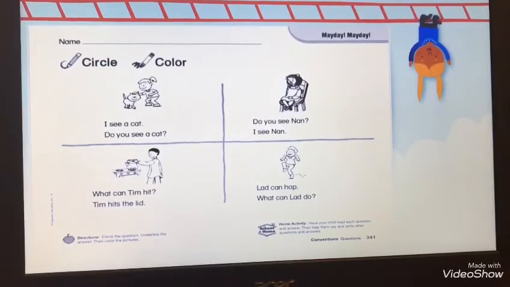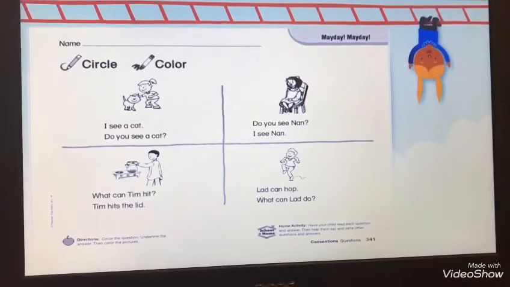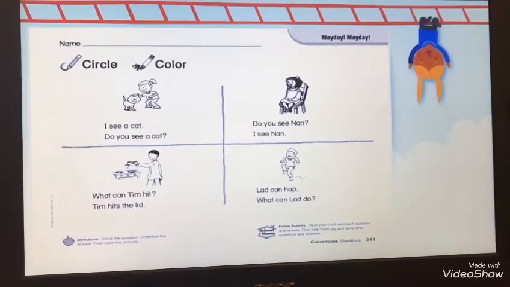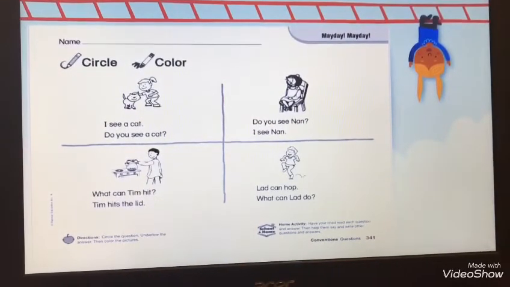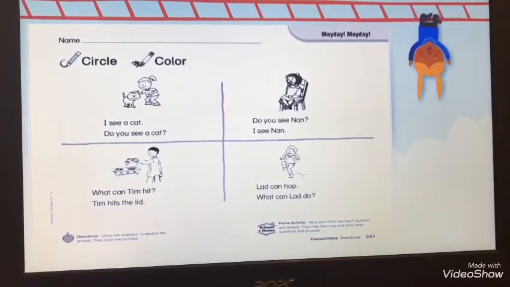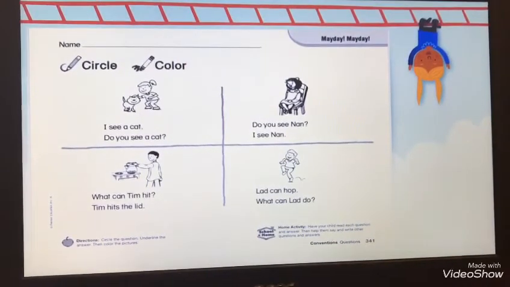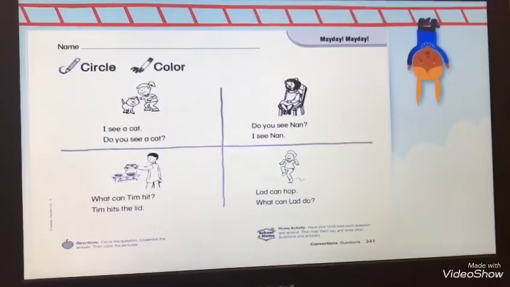Now, on page 341, we have 4 pictures. Now let's read the instruction. Circle the question, underline the answer, then color the pictures. Okay. Now, look at the picture here, the first one.